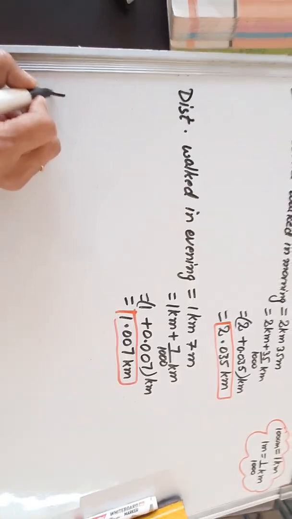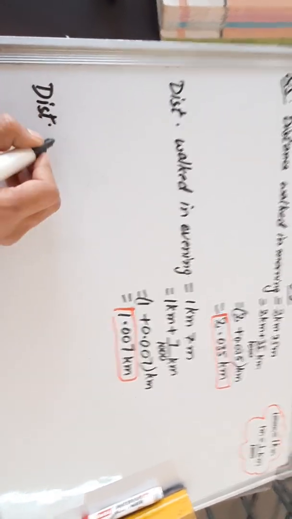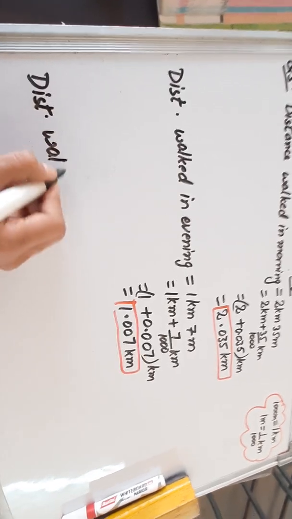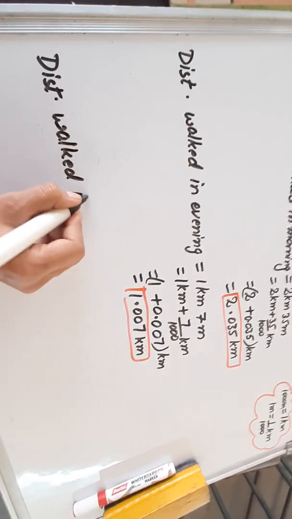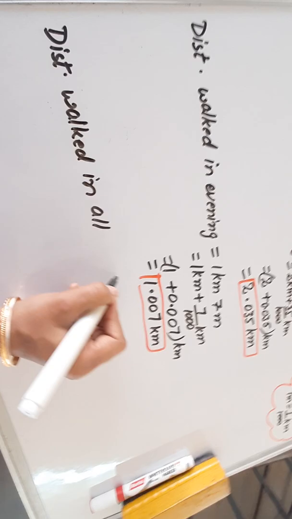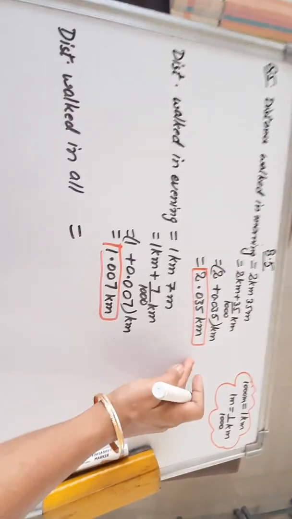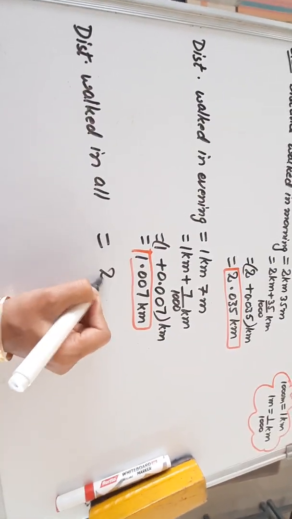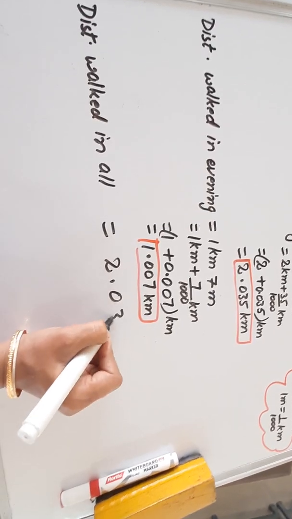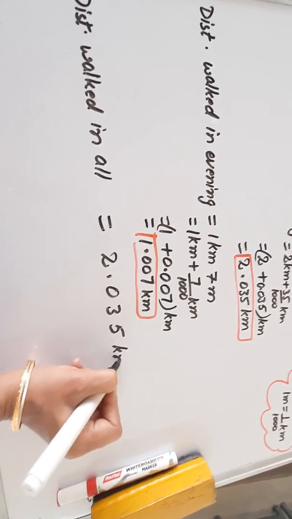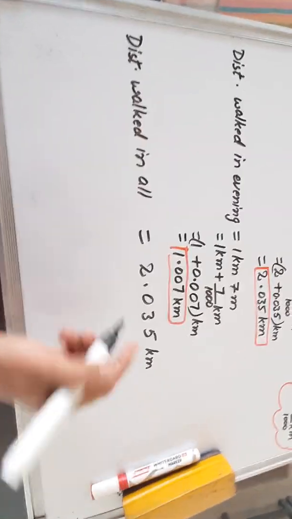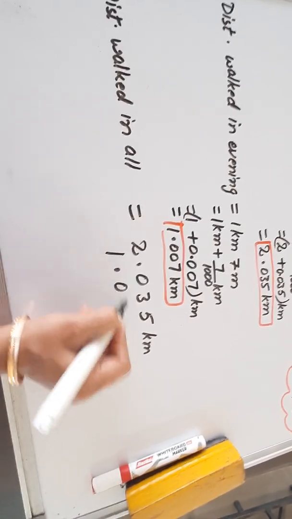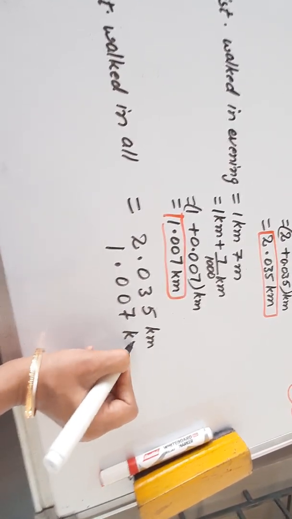Now distance walked in all is equal to, we'll add the morning distance, that is 2.035 kilometers, and evening distance 1.007 kilometers, like this.